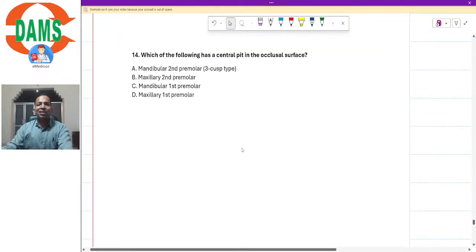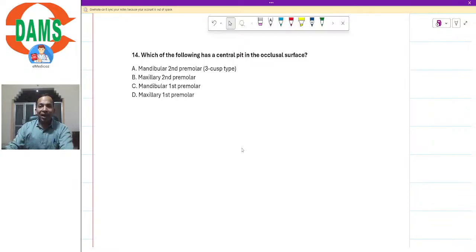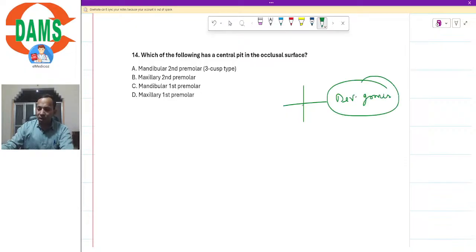Which of the following has a central pit in the occlusal surface? So what is a pit and when is a pit formed? A pit would form when the developmental grooves cross each other, right? Their crossing is described as a pit. Now in case of mandibular second premolar, we have grooves crossing in the 3 cusp type.